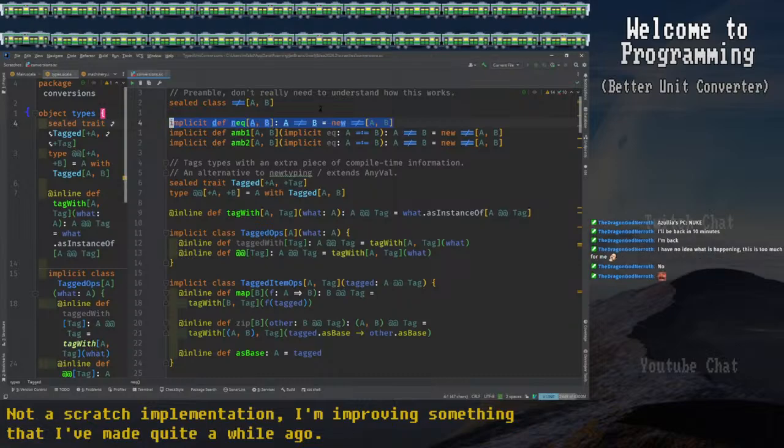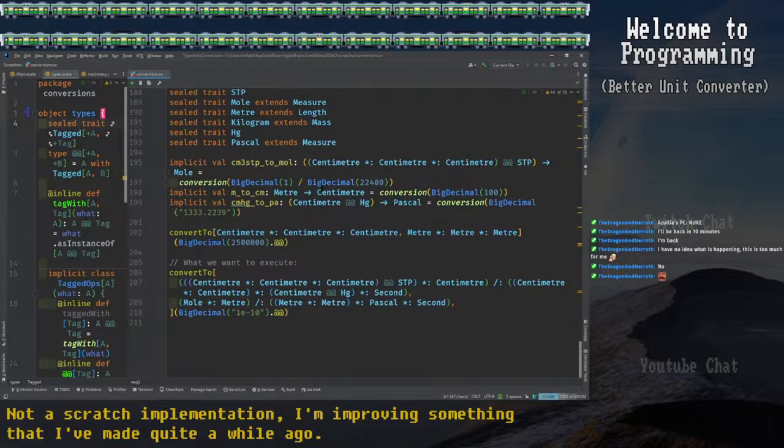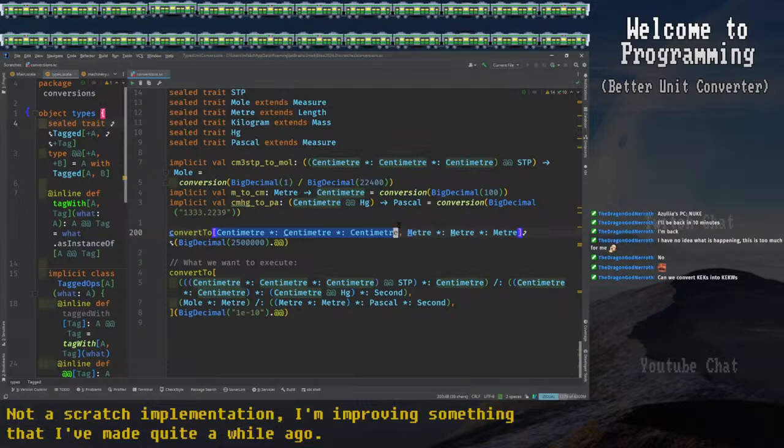But the summary is that I'm trying to make an improved version of a unit converter that I made a while ago, where instead of providing units as strings or something, we're basically just encoding the units directly inside the type system as generic type parameters, and just having the compiler do it.